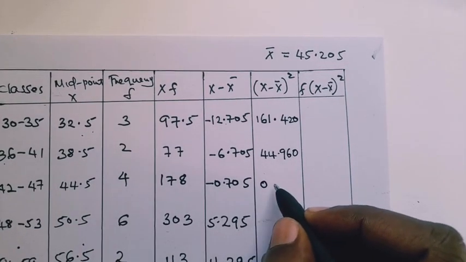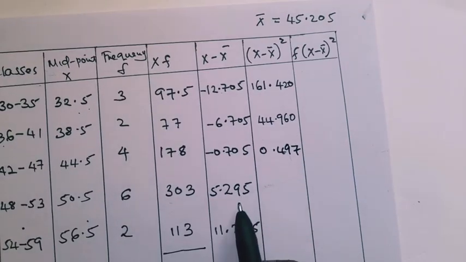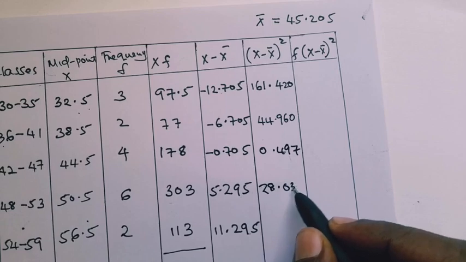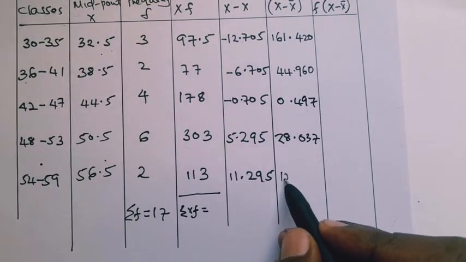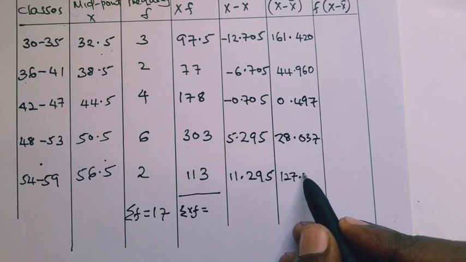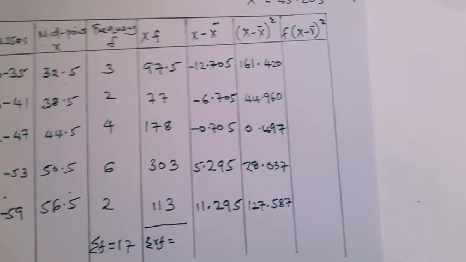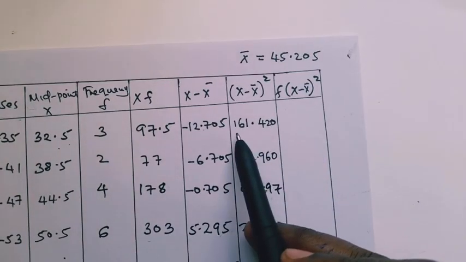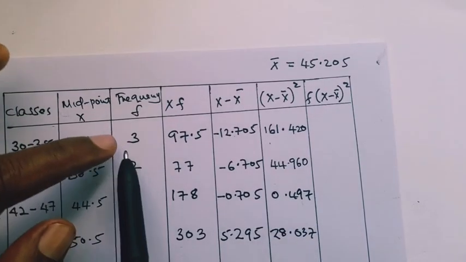This one gives you 0.497, and the square of this gives us 28.037, and the square of this gives us 127.587. The squares.